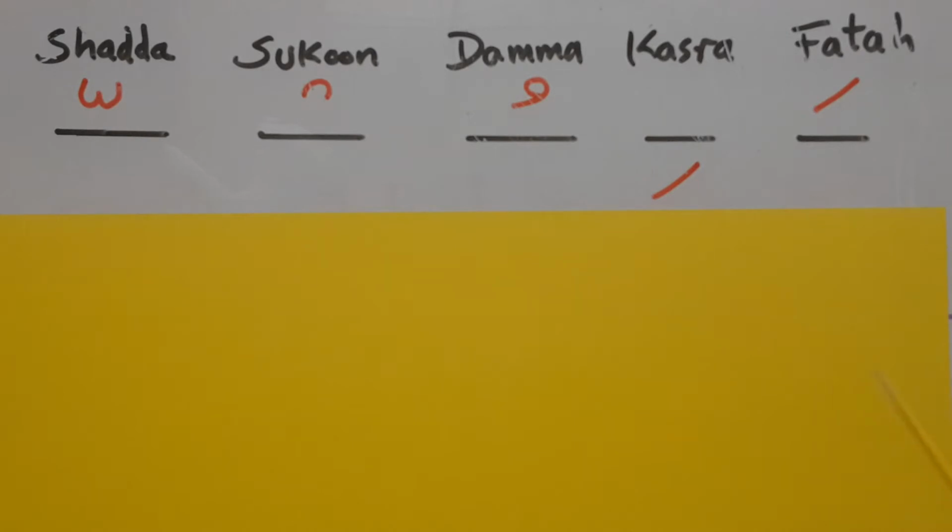These are some of the symbols that you're going to come across when you're reading Arabic. This symbol here represents a fatta, and the sound is a. Okay, and this is on top of the line here.